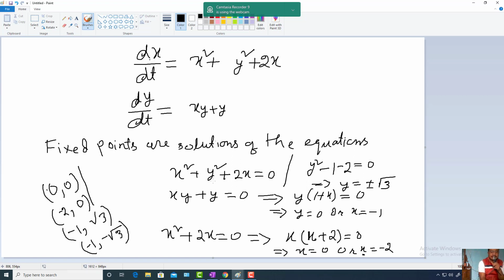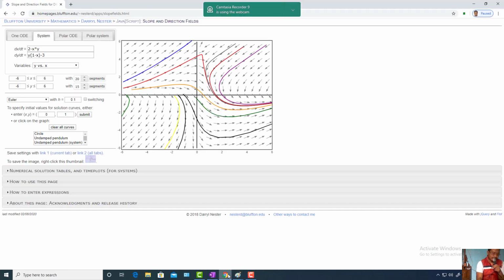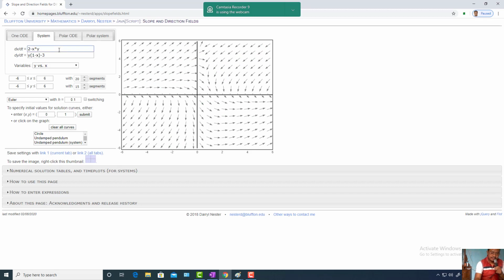Okay, so this is how we find the fixed points of such a system. Then let us draw the direction field of such a system.